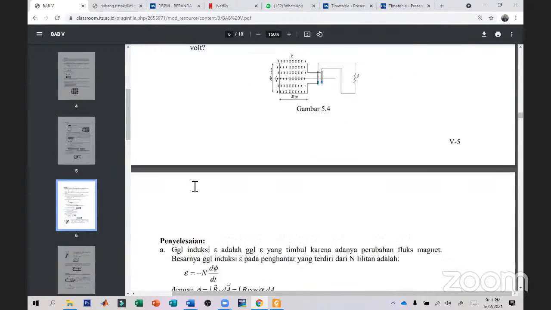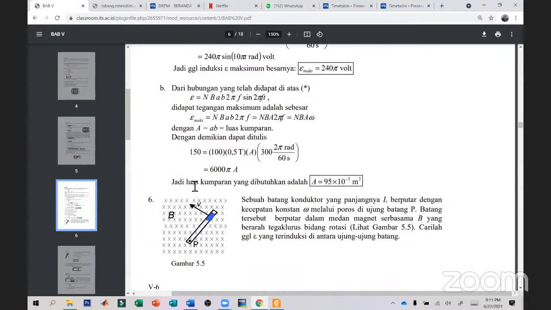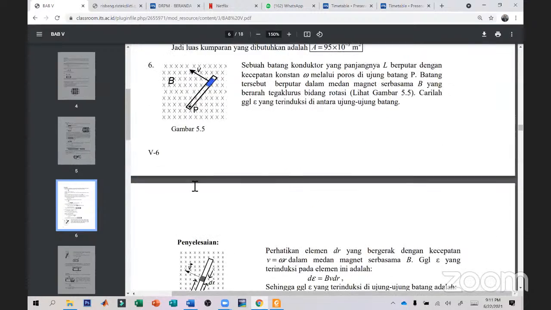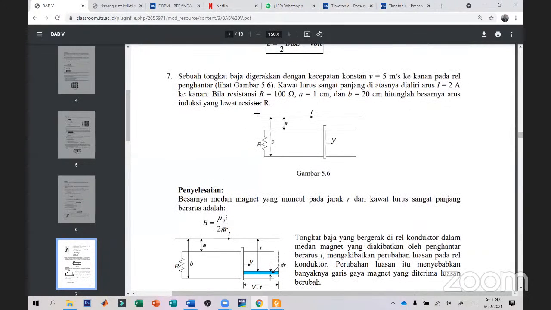And usually the test put in the final exam is quite difficult. For example, this one, it's often put at the final exam. There's a long wire, and the long wire produces the magnetic field.